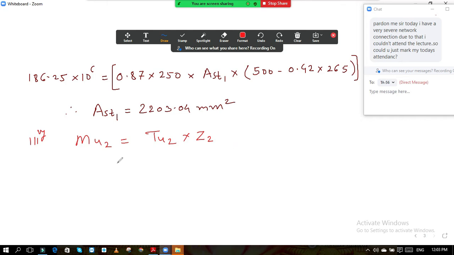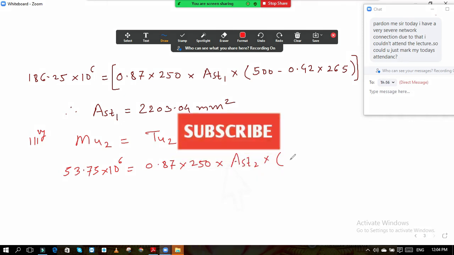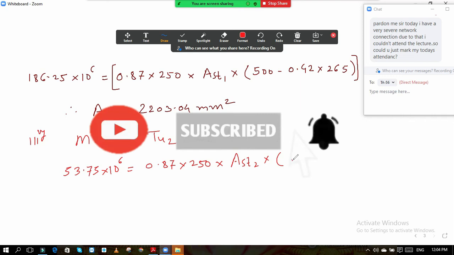Now MU2 is 53.75 into 10 raised to 6, which is equal to TU2, that is 0.87 into Fy, 250, into AST2 into D minus D dash. Here your Z2 is D minus D dash.